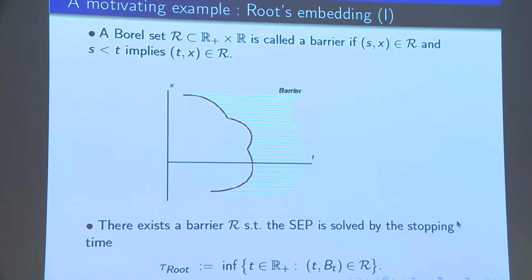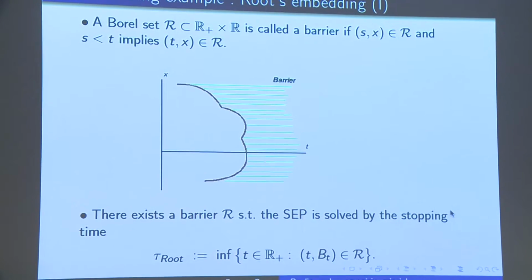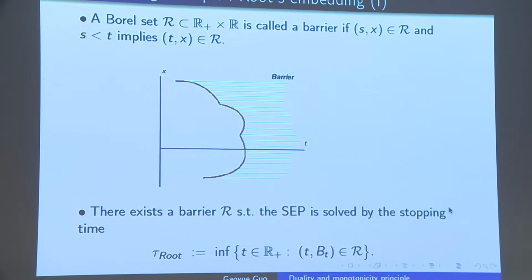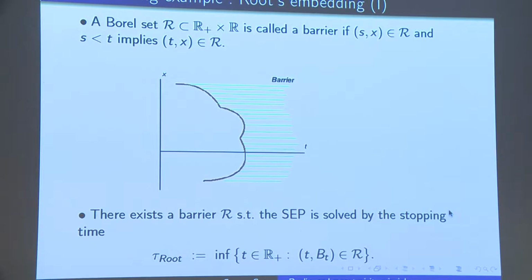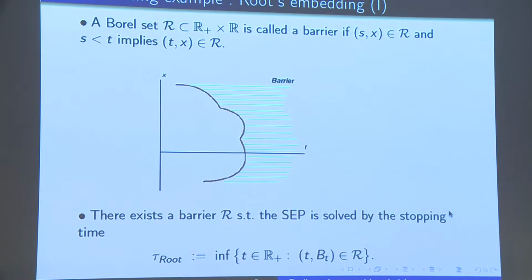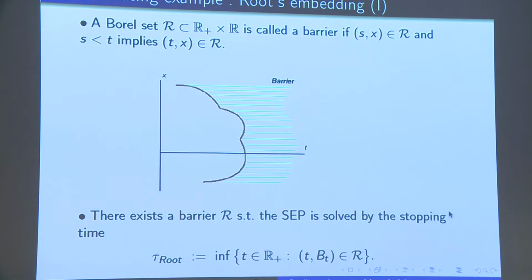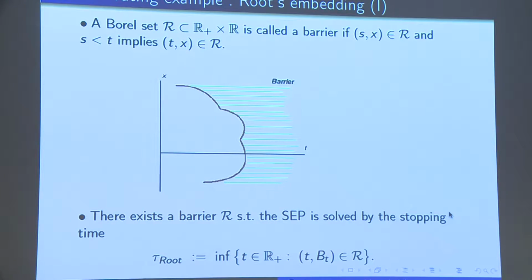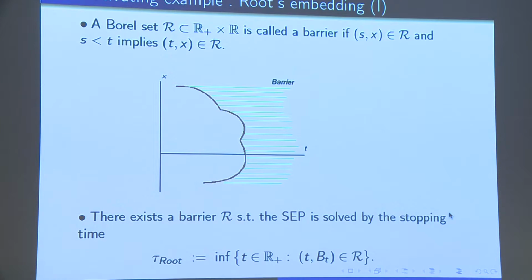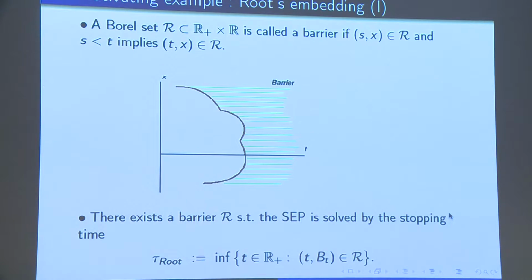So for any element of this set, any element that lies to the right of this given element belongs again to this set. Such a Borel set is called a barrier. So Root constructed this solution by constructing some well-defined barrier this way, as the first hitting time.